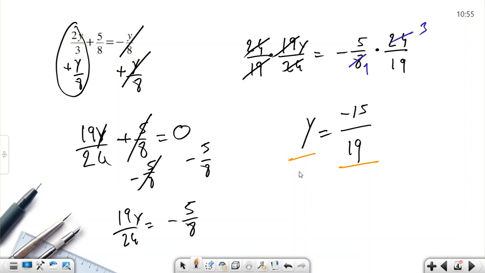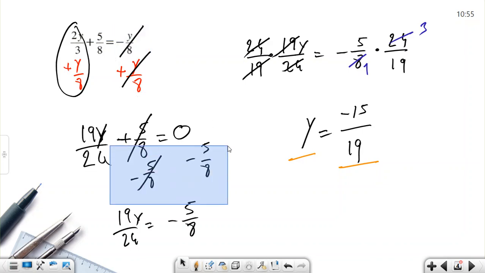We didn't do anything different. Let's change some color to make it clear. As you see here, we add y over 8 to both sides to cancel this y over 8 on the right hand side of the equation.